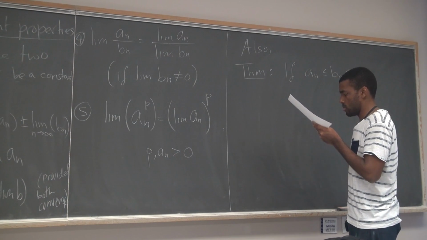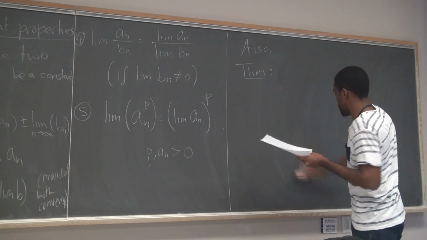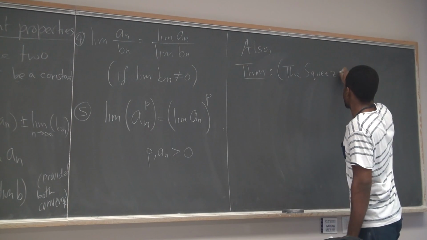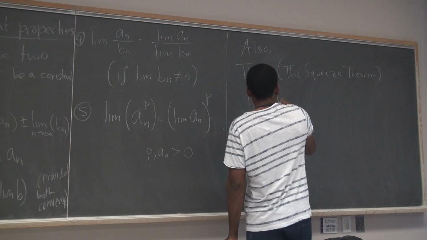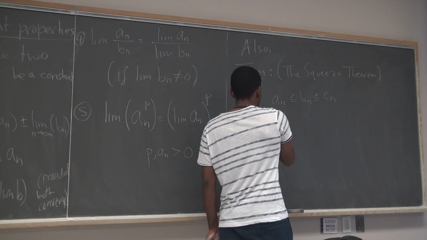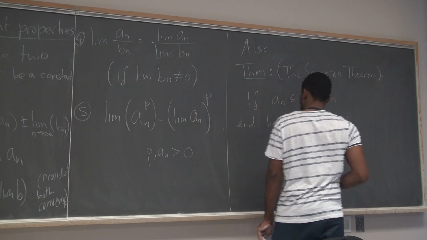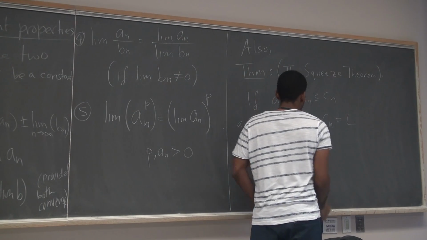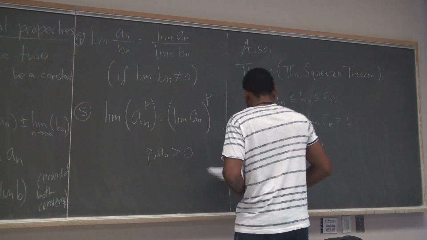The squeeze theorem applies. So if a_n is less than or equal to b_n less than or equal to c_n, and the limit of a_n equals the limit of c_n equals L, then the limit of b_n must be L. If you're squeezed between the same number, you must be equal to that number. That still works. There's another theorem.